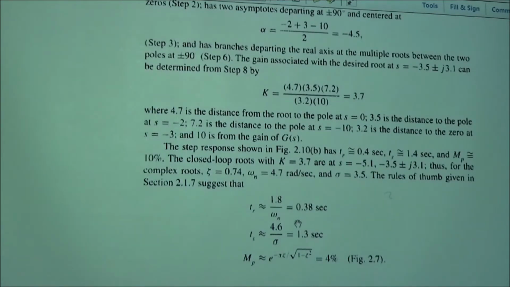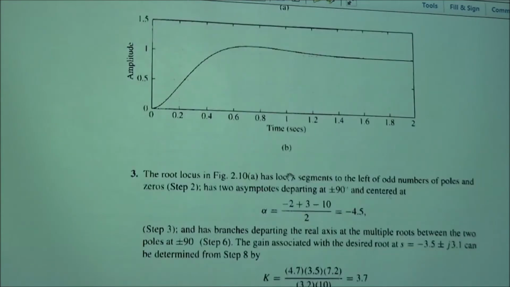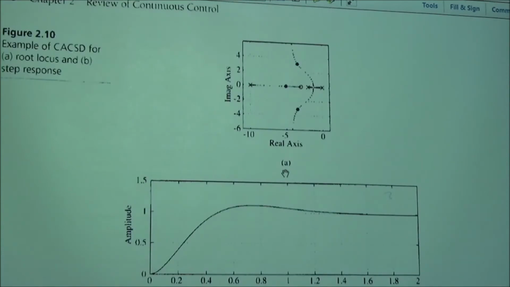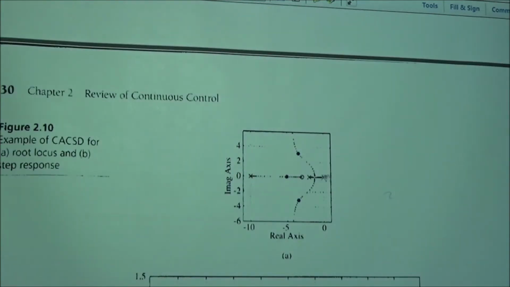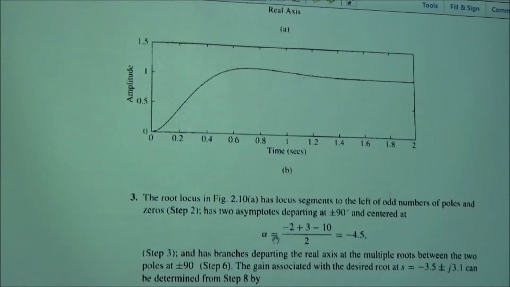Okay, and then you can calculate from this experiment the value of omega n, which you can obtain from the point of 0 to there, right here. That's omega n. And the cosine of this angle here is zeta.